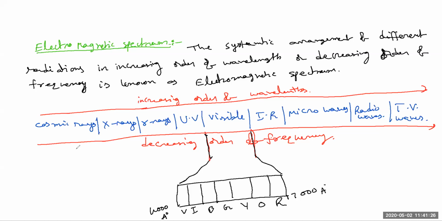Cosmic rays have more frequency and very little wavelength. Here this is the wave, this is the wavelength like this, but cosmic rays are like this, with a very small wavelength. That means the penetrating power is more. If the wavelength is less, the penetrating power is more.